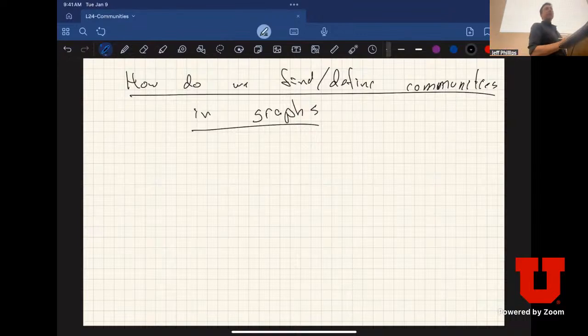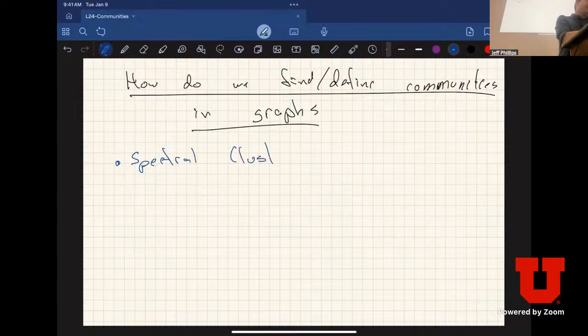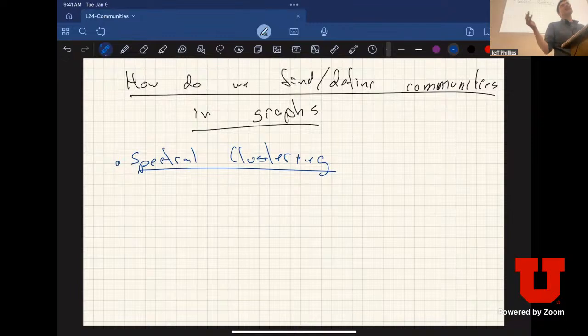What we've actually already seen some really important tools for how to do this so far. One thing we talked about was spectral clustering. Remember, spectral clustering looks at the normalized Laplacian of the graph, and we projected all the vertices down into a one or multi-dimensional space using the eigenvectors of that, and then we cluster.